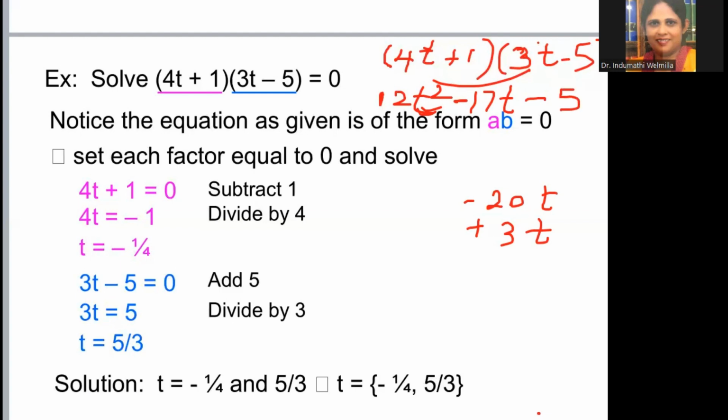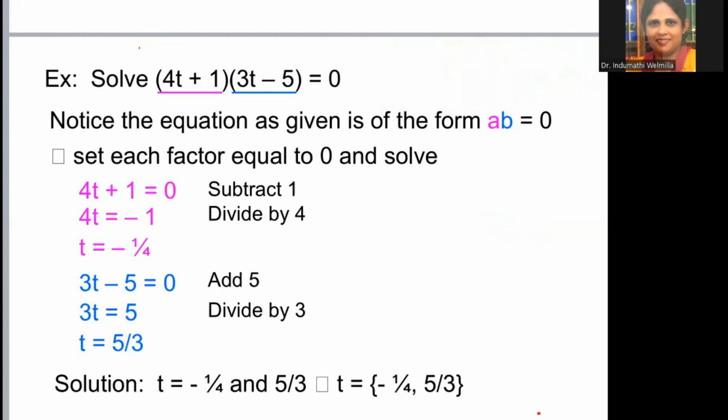Anyway, what I want to say here is that this is a quadratic equation. This equation has t squared as the highest power. And this is very easy because it's already factorized, right?